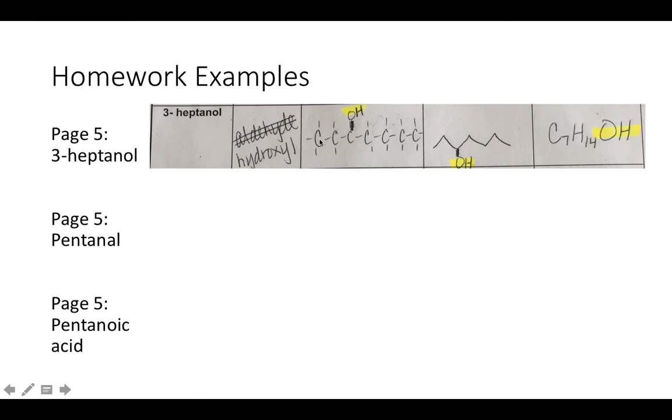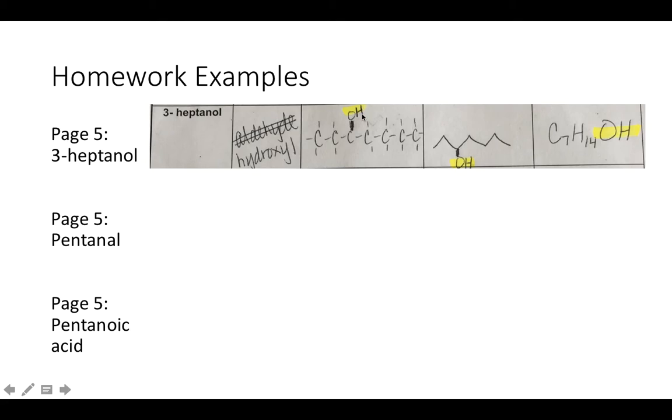So here it is. Here's heptane, right? 1, 2, 3, 4, 5, 6, 7. Hept, okay, that's what the prefix hept means, 7. So C7. They're all hydrogenated except for number 3, which has a group. There it is, OH.